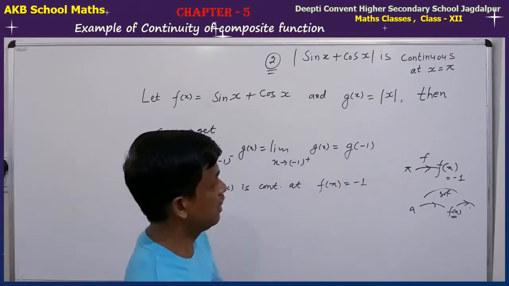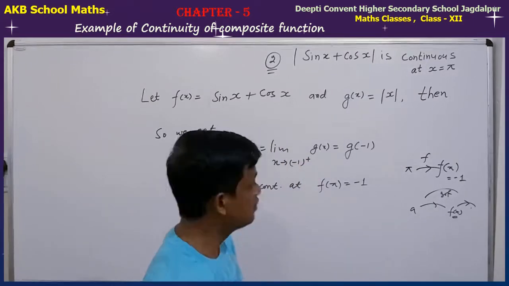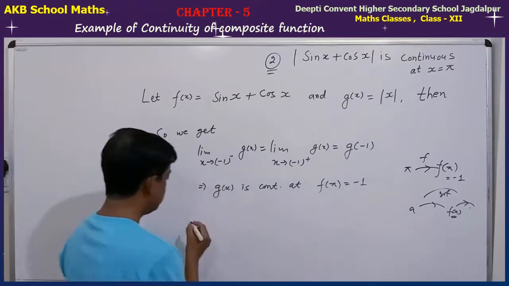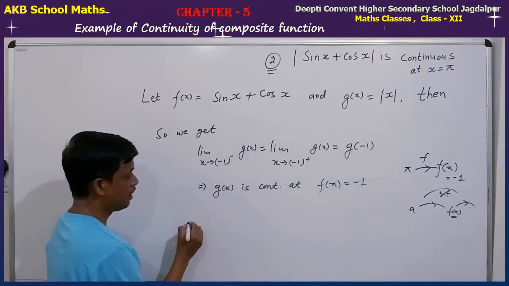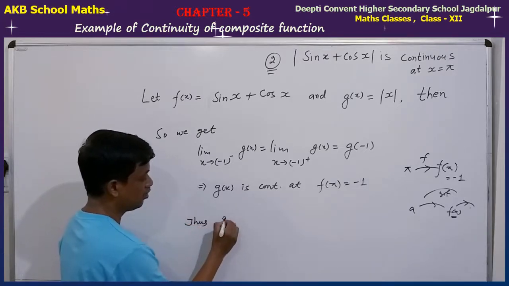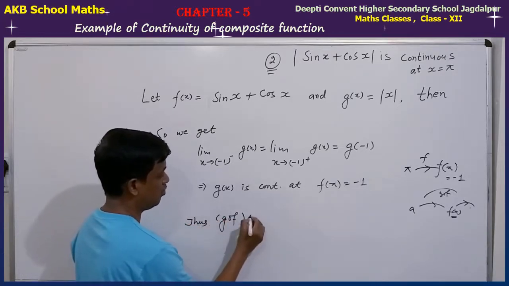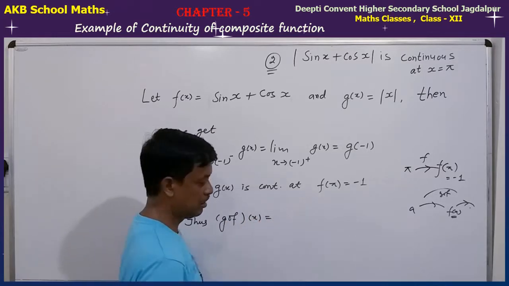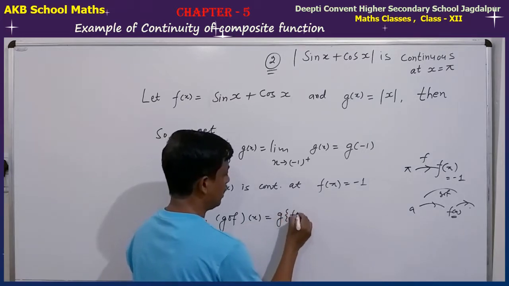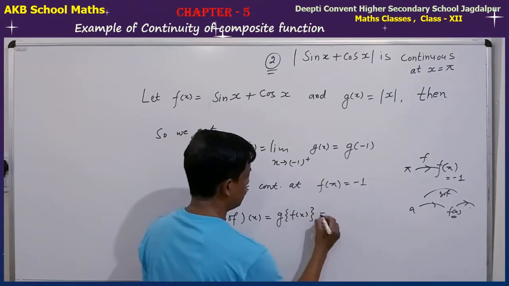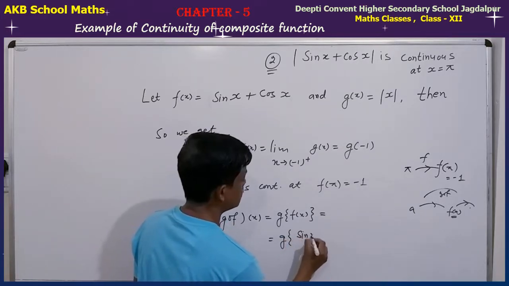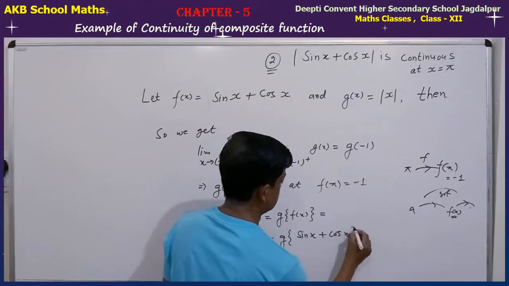We have seen that f is continuous at π, and also g is continuous at f(π). Thus g∘f(x) is also continuous. g∘f(x) means g(f(x)). f(x) means sin x plus cos x.